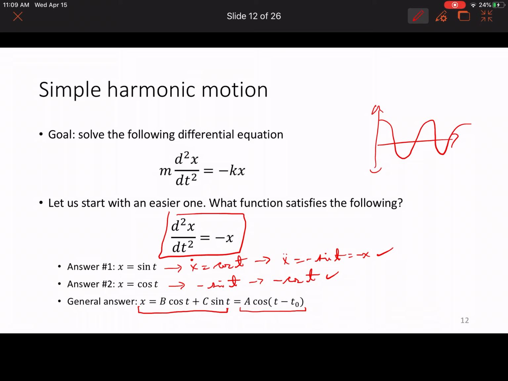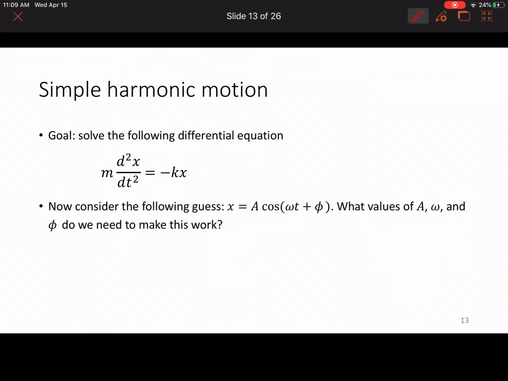All right. So now that we've warmed up with this simpler example, let's talk about the more general differential equation: m d squared x dt squared is equal to negative k times x. So for those of you who are wondering, how do I solve this type of differential equation?